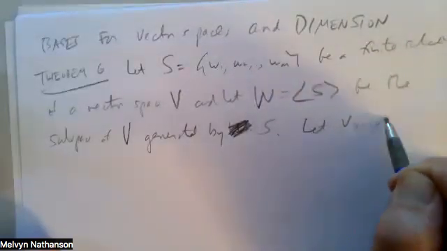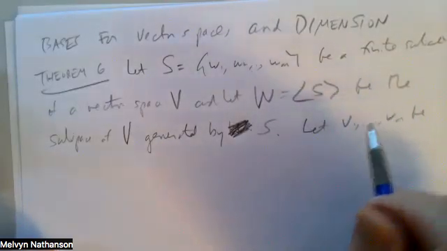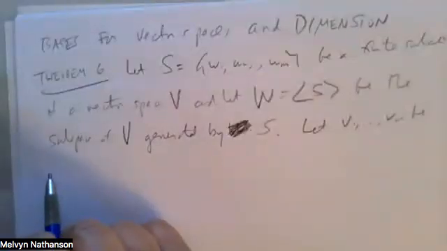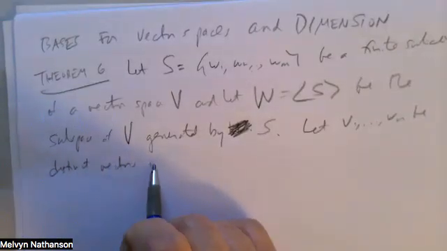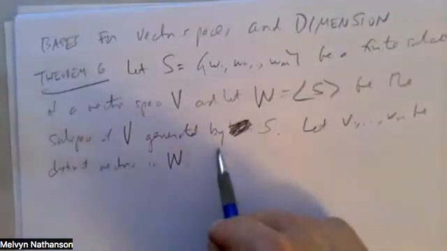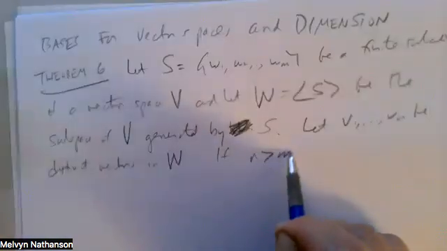Then let V1 up to Vn be distinct vectors in W, if n is bigger than m.